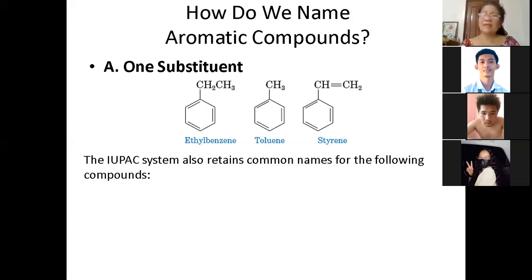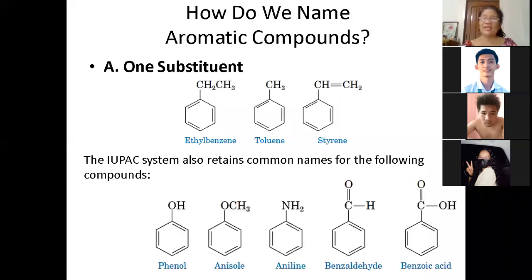So IUPAC system also retains the common name of the following compounds. So for instance, you should memorize this parent name of the benzene. Parent name na siya nga one substituent, meaning, for instance, if there is a substituent nga OH, what is OH? It is an alcohol. Therefore, the name of this is phenol.